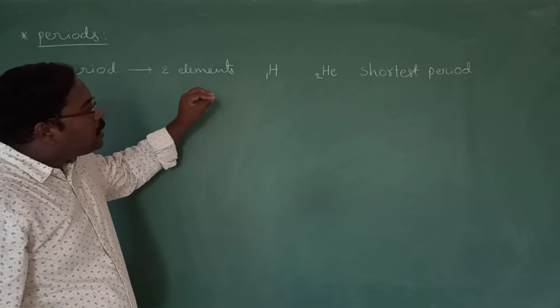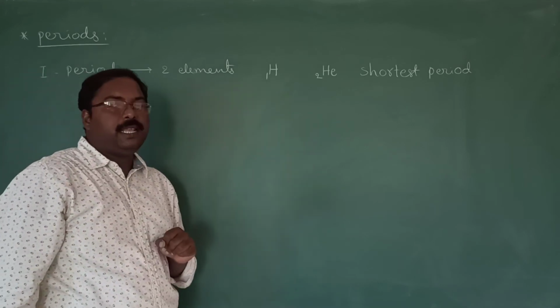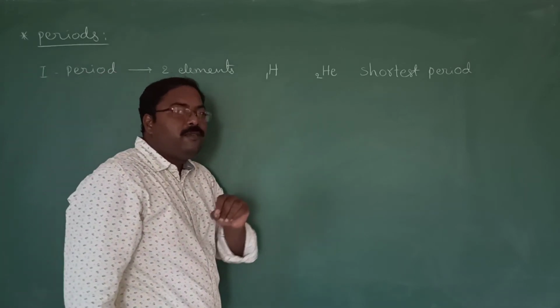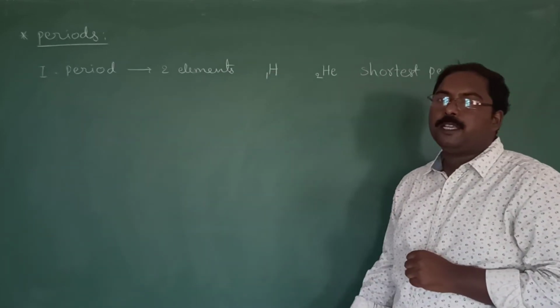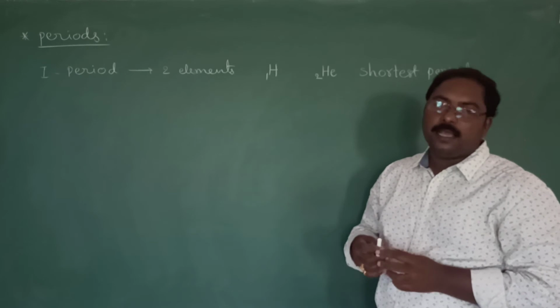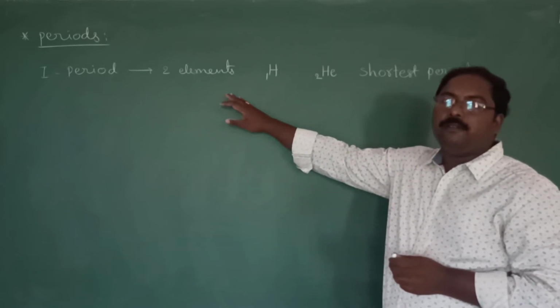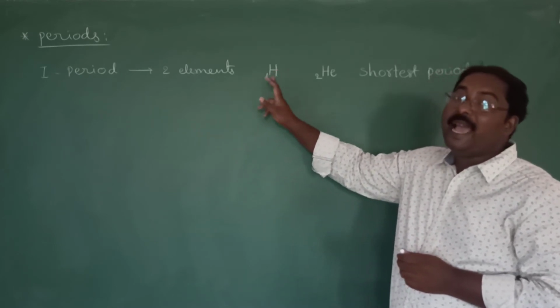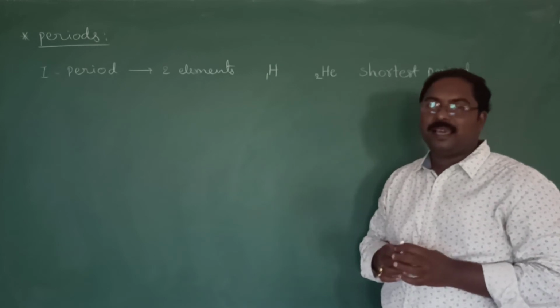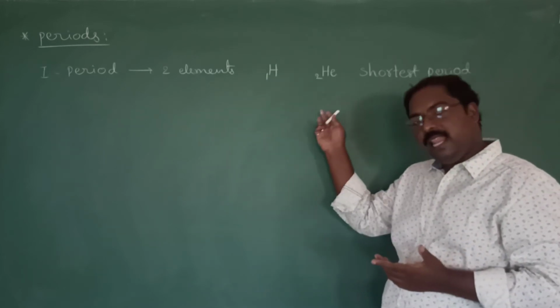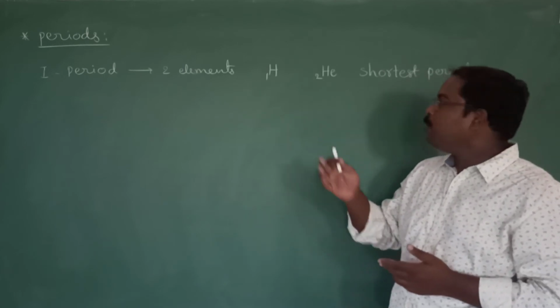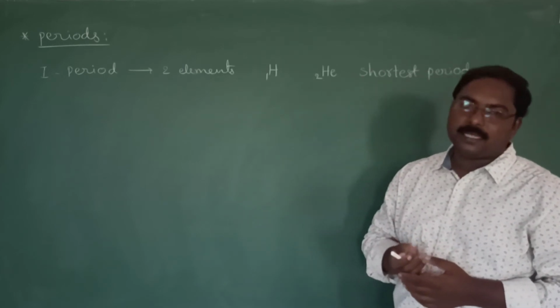And this first period has one specialty. In one way, it is different from all the remaining periods. It is the only period which contains only gaseous elements. Hydrogen is a gas, helium is also a gas, and we know it is a noble gas.